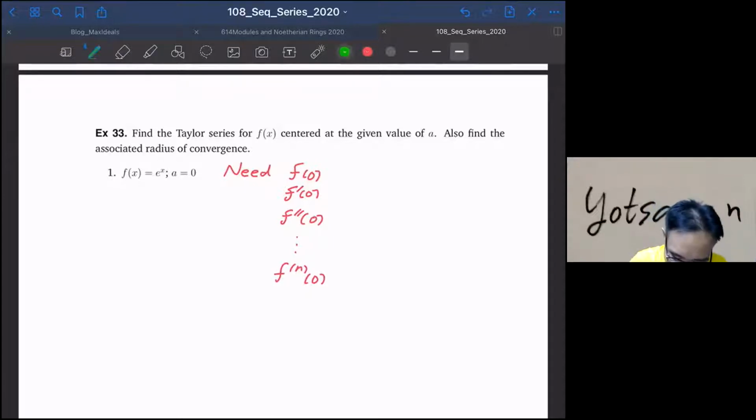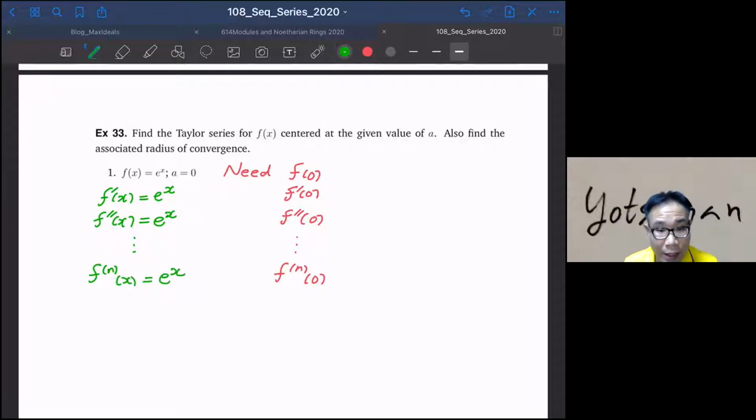So we begin by just differentiating one time. So you have f'(x), this will be e^x. And you have f''(x), this will also be e^x. The exponential function is not going to change when you find the derivative, and the nth derivative stays exactly the same, so it's going to be e^x.